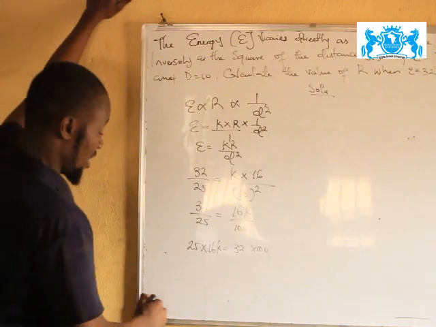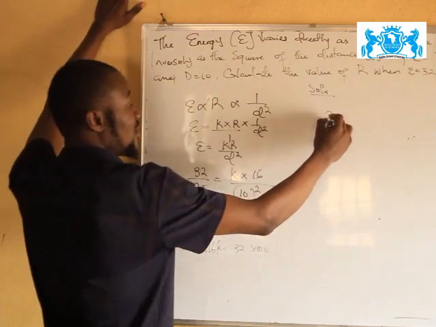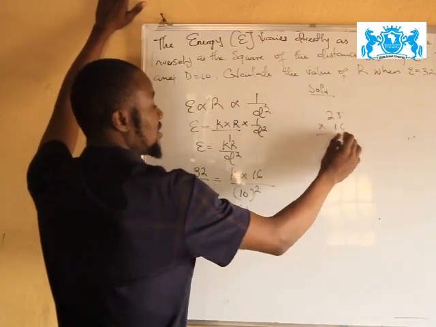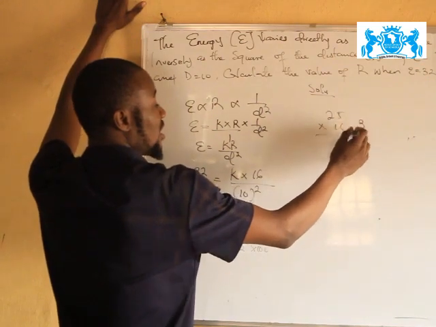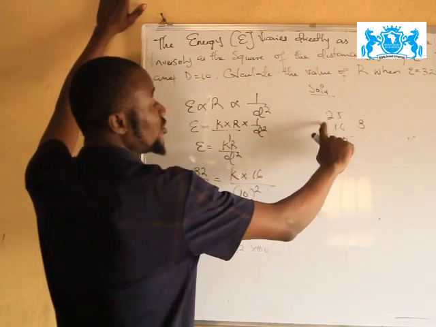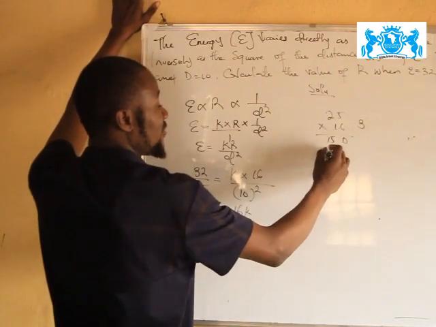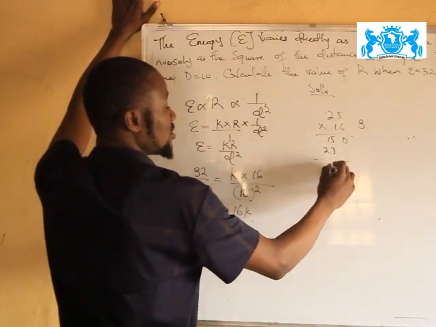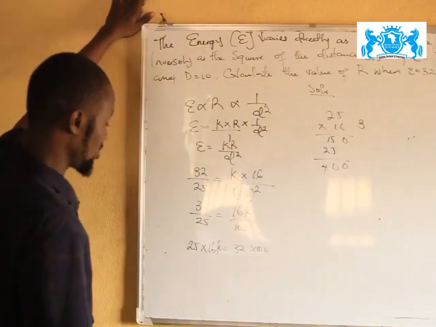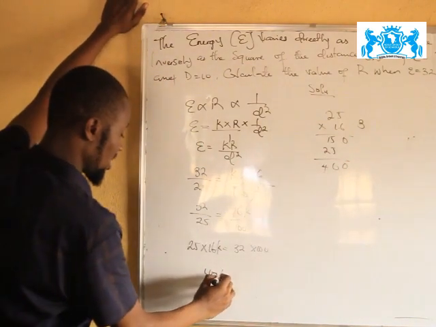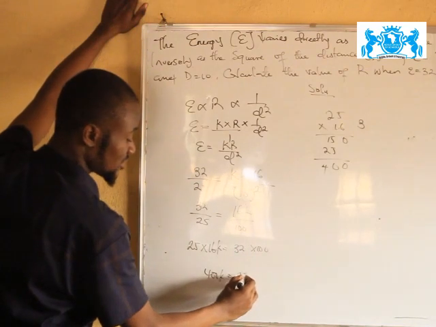So we have 25 times 16, which is 400. So you have 400K is equals to 3,200.